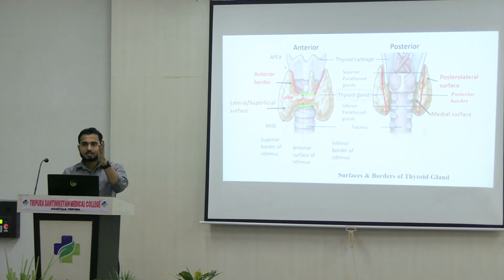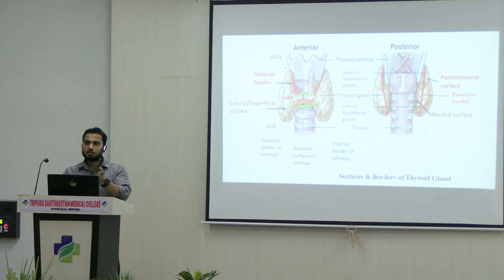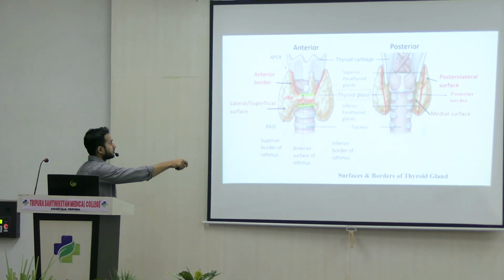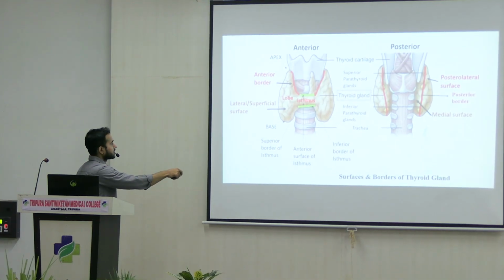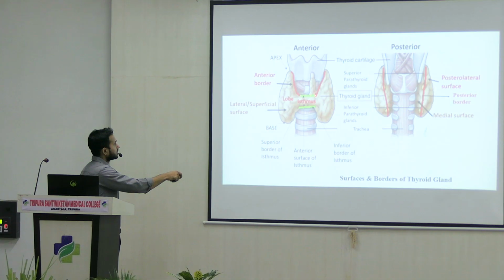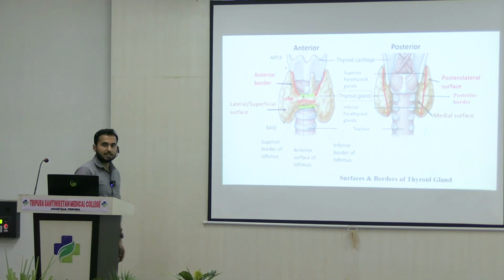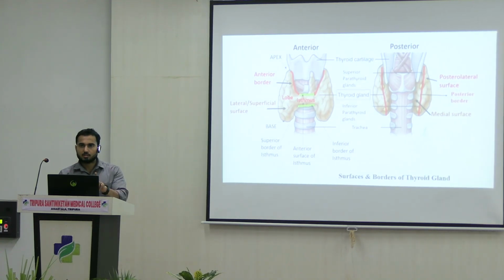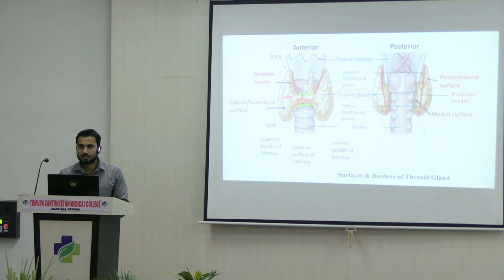If an anterior border is there in the left lateral lobe, it will be there in the right lateral lobe also. So these are the two borders. Next, can you see the isthmus? Everyone, can you see the isthmus? Yes. In the isthmus, two borders are there, this is the superior border and the inferior border. This is the anterior surface, and behind that will be the posterior surface. So I hope the isthmus, anterior border and posterior border are clear.